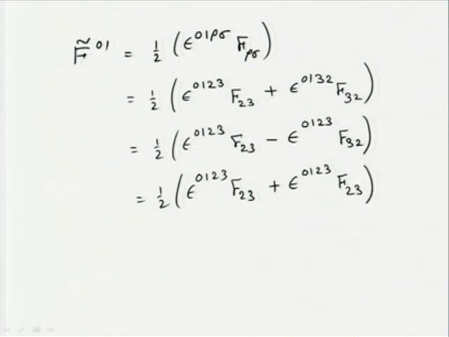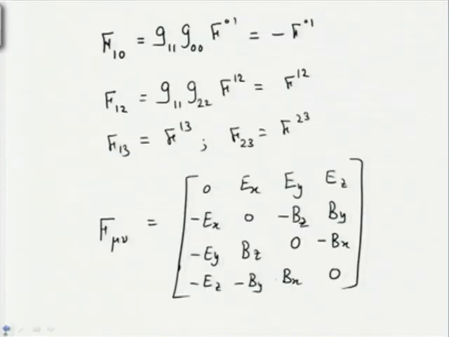Now, these two are identical terms, and together they give epsilon 0 1 2 3 F 2 3, which is equal to 1 times the covariant F 2 3, and F 2 3 is minus Bx.